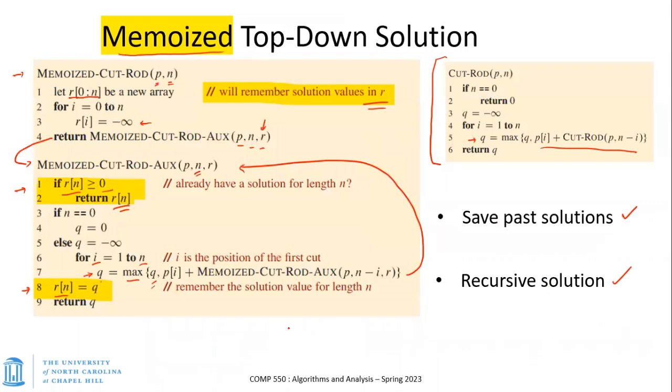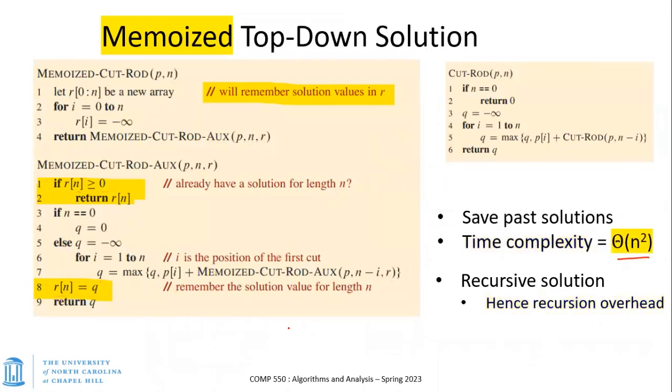But you can see a considerable improvement now, because we're saving the past solutions, we can simply solve this in polynomial time, and not just polynomial, but quadratic time. I'm not going into detail of the proofs, but these can be worked out with a little bit of effort.